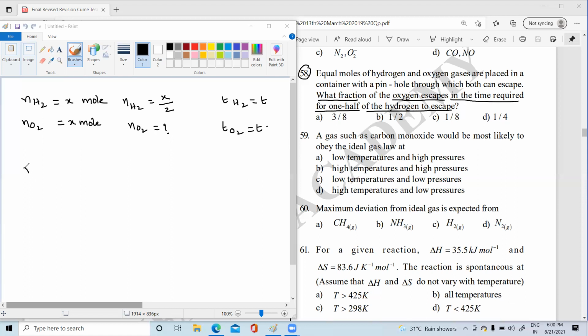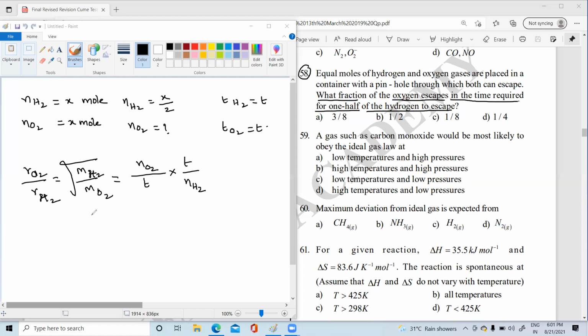We know very well, according to Graham's law of diffusion, rate R1 by R2 equals root M2 by M1. So rate of O2 divided by rate of H2 equals root of H2 molecular weight divided by O2 molecular weight, which equals moles of O2 divided by time, divided by moles of H2 divided by time.